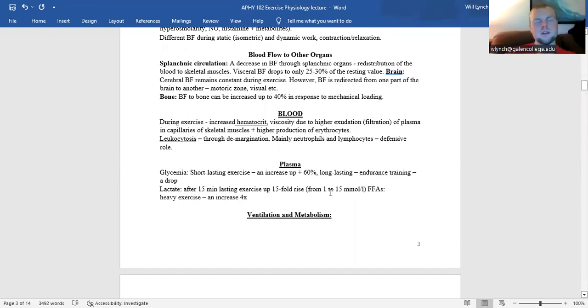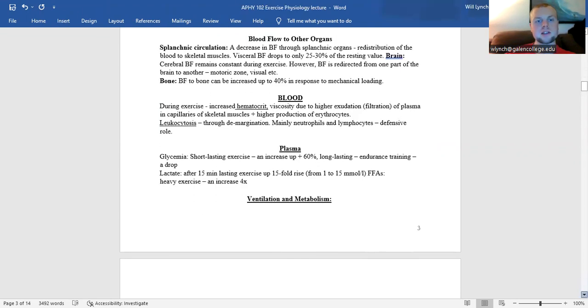For the blood plasma, all right, for short-lasting exercise, we can see an increase in the glucose levels, so we see hyperglycemia. During long-lasting or endurance training, there will be a net overall drop in glucose level, so this would be a hypoglycemic state. Lactate levels are going to rise slightly.